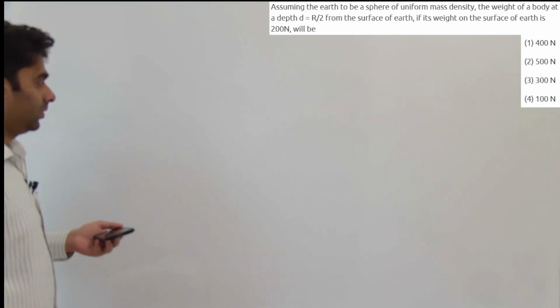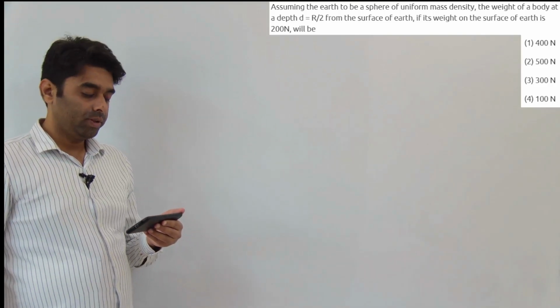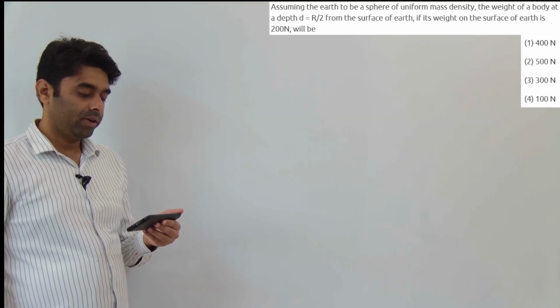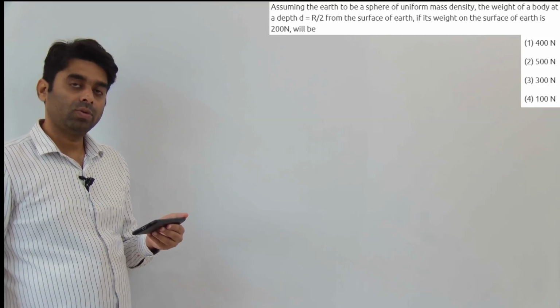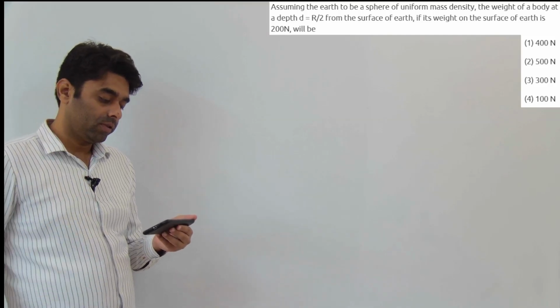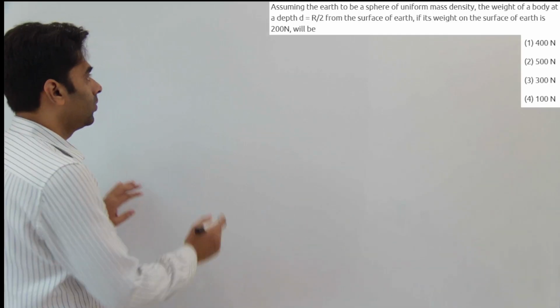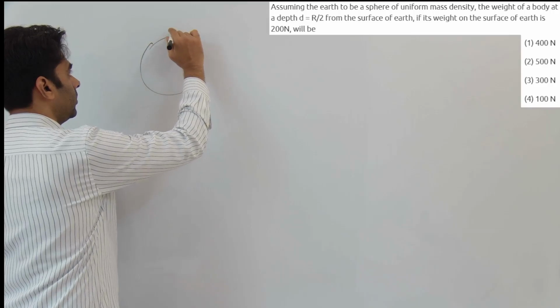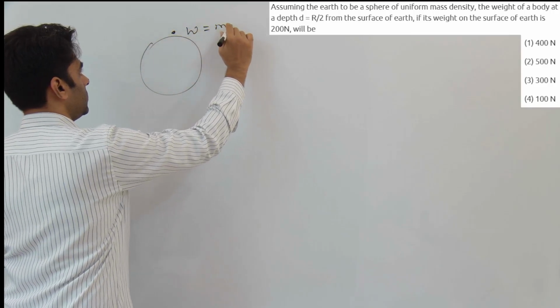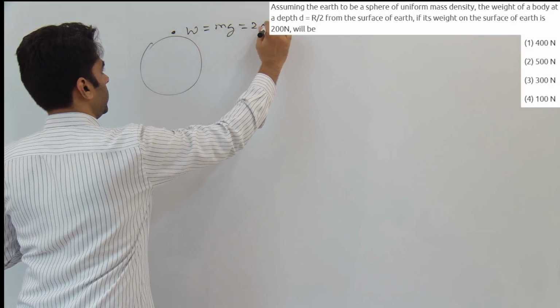Our next question says, assuming the earth to be a sphere of uniform mass density, the weight of body at the depth d equals r by 2 from the surface of earth, if its weight on the surface of earth is 200 Newton. So on the surface weight, which is mg, is equal to 200 Newton, given to us.